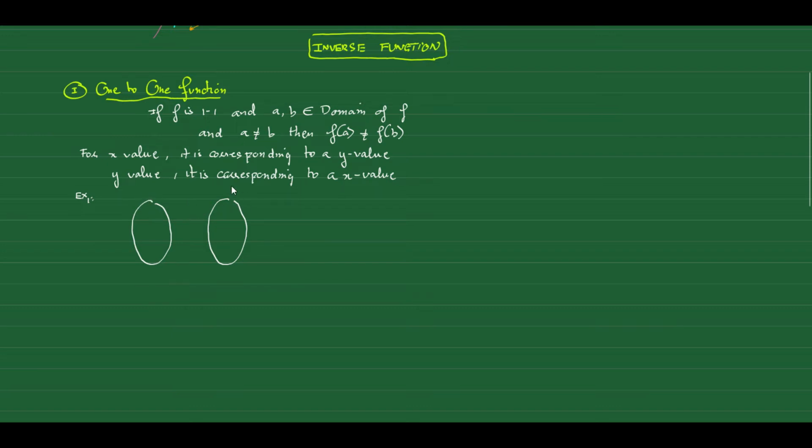This is the domain, the input, and this is the range, the output. In the domain I have 1, 2, 3, 4, and over here in the range I have 6, 8, 9, and 10.